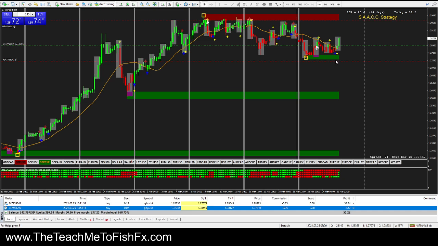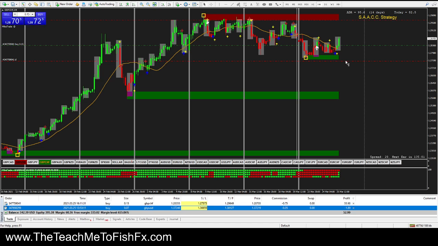And then of course I always set a trailing stop for 1-to-1. Well, a little less than 1-to-1. So this particular trailing stop for this trade is 70 pips.